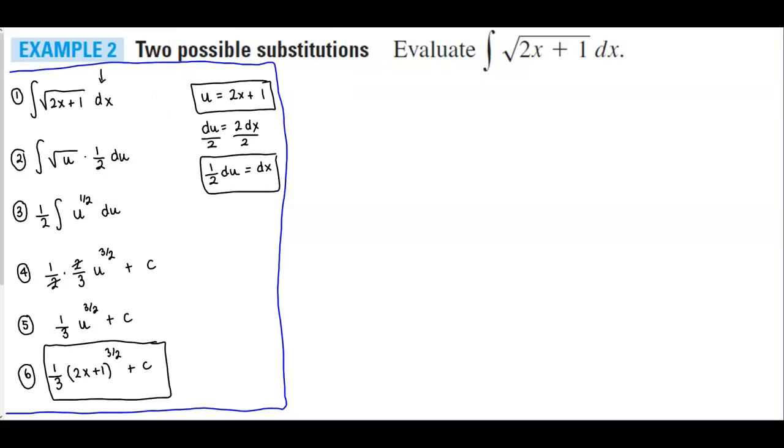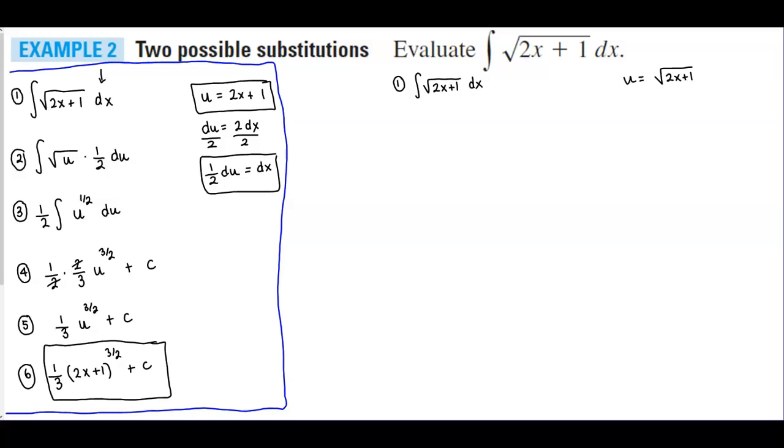Okay, now let's try another one here. Okay, so again, we have the integral, which is the square root of 2x plus 1 dx. Okay, now let's say we decide instead of u equaling 2x plus 1, we're going to let u equal the square root of 2x plus 1.